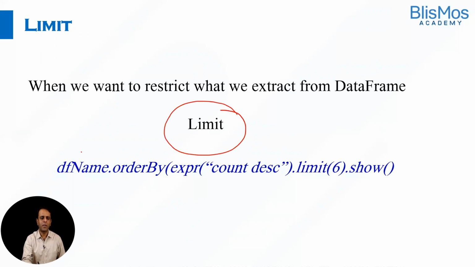In this case, we have a data frame name, we are using order by with the expression count in descending order, and we are using the limit method to extract only 6 rows from that particular data frame. Thank you. We will see the practicals, and ensure that as and when you are seeing the practicals, you are practicing as well.